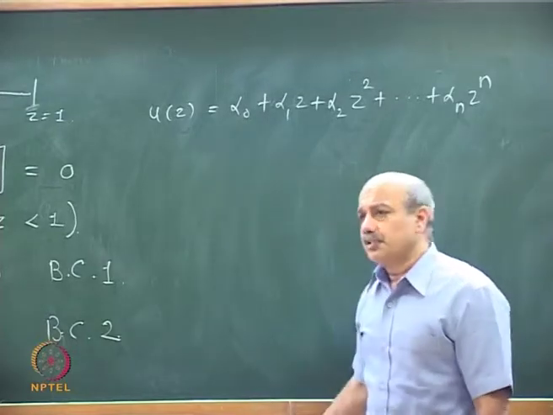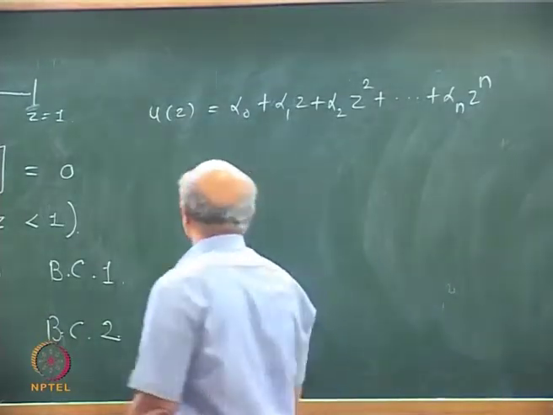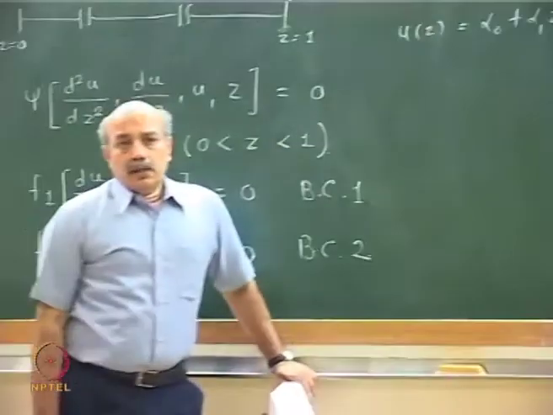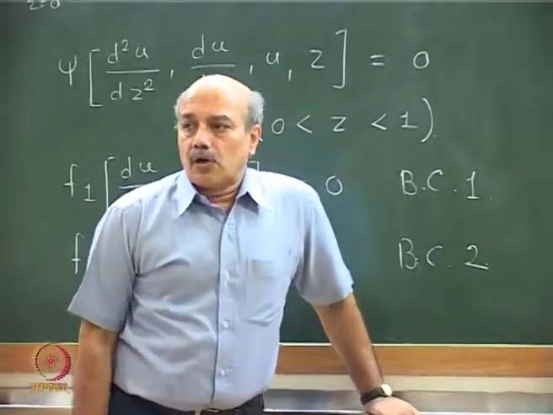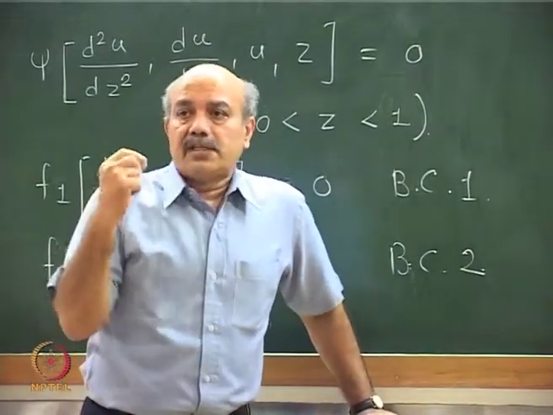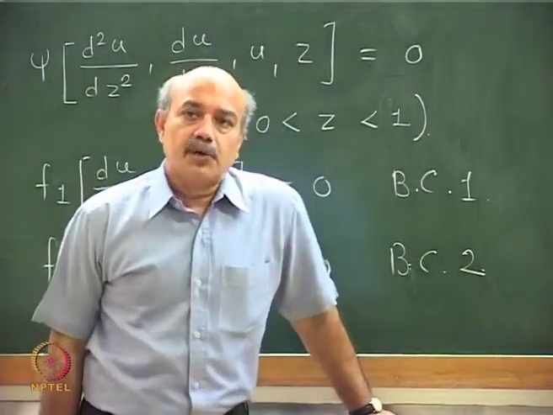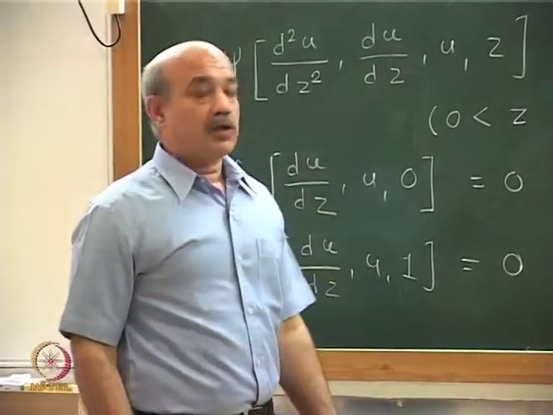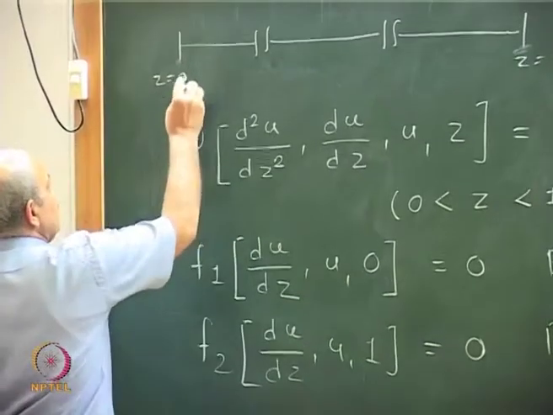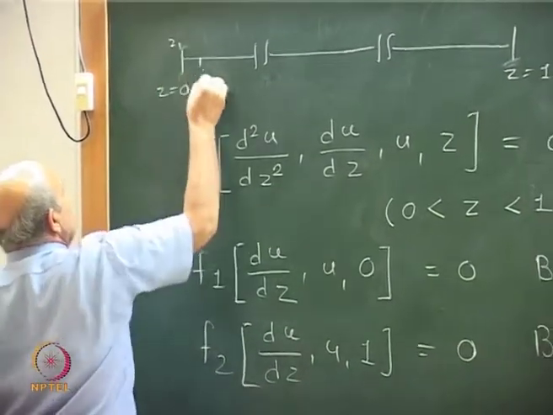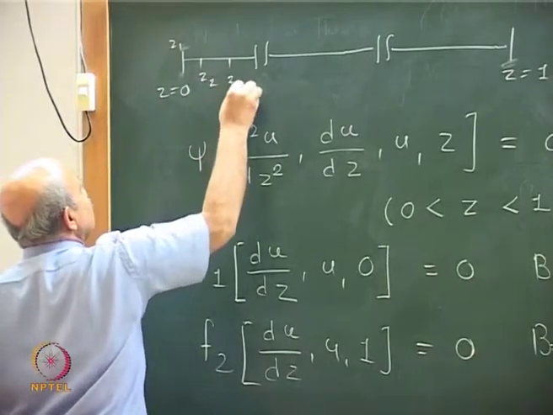And we had this convention of calling the solution at certain points collocation points or grid points. In this context, we are going to call them collocation points. So we have these collocation points which are numbered z1, z2, z3.